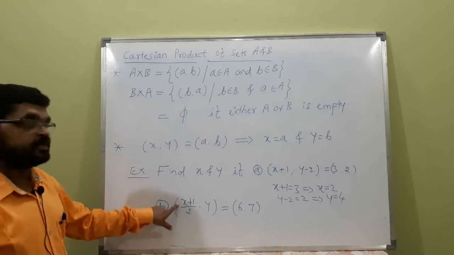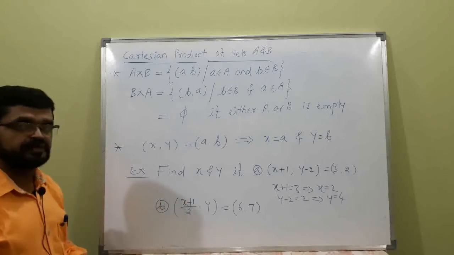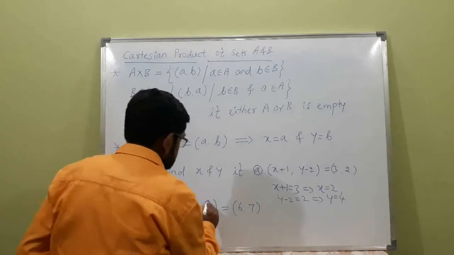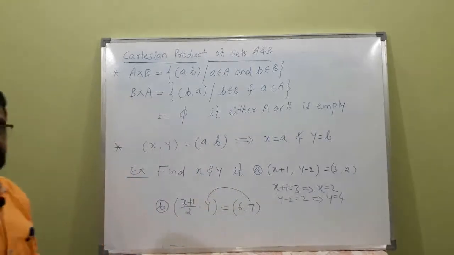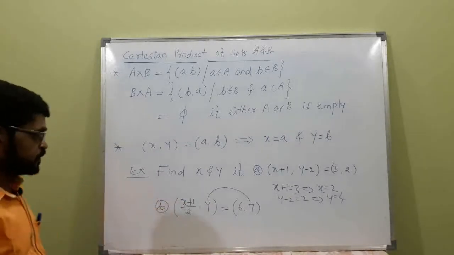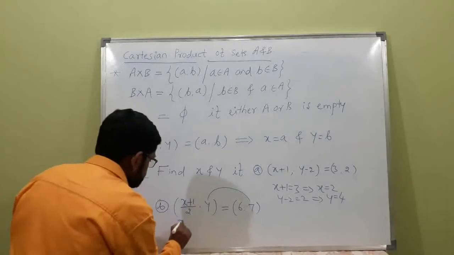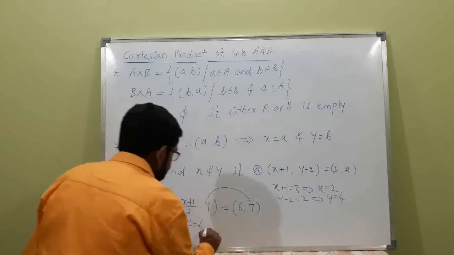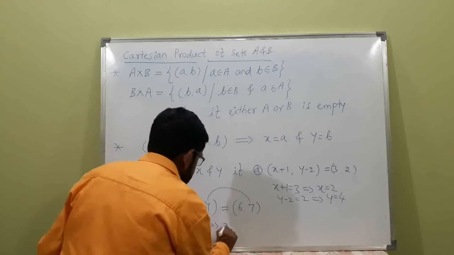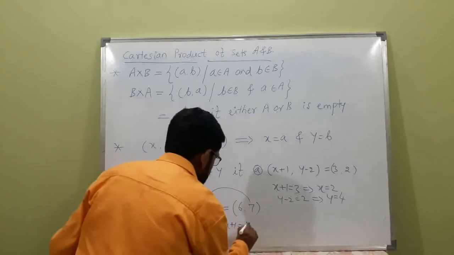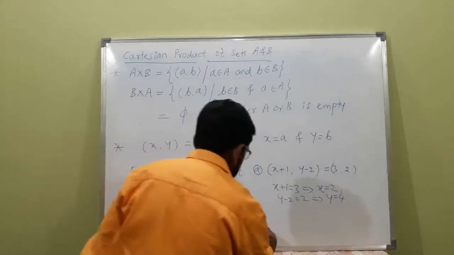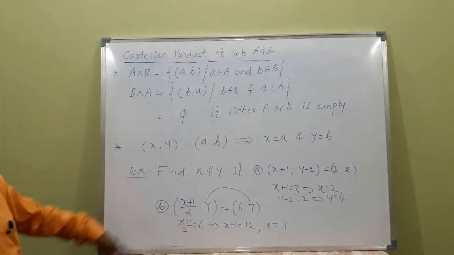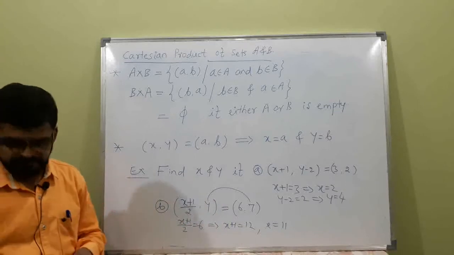Similarly, if ((x + 1)/2, y) is equal to (6, 7), then directly y is equal to 7. (x + 1)/2 is equal to 6 implies x + 1 is 12, or x is equal to 11. x is equal to 11 and y is equal to 7 is the answer.